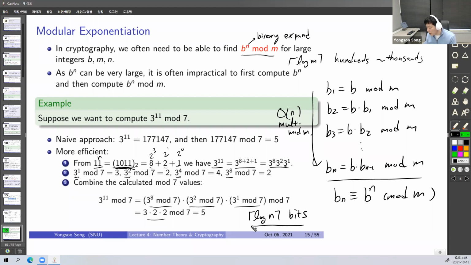So we have this many powers of 3 here. We take log n squaring operations to generate these values, and then another log n multiplications to multiply these powers of 3. So the total complexity is big O of log n, because it requires log n squaring and log n multiplication.